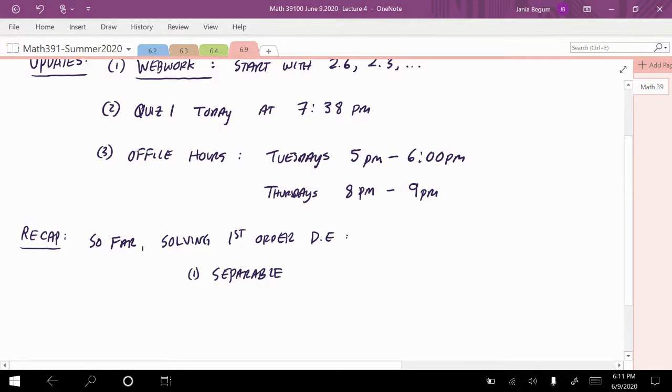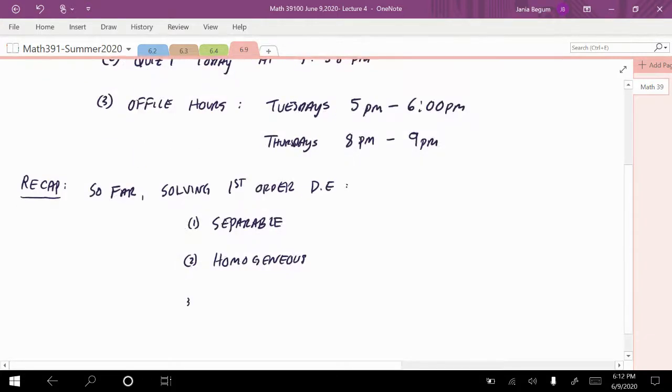If the equation is separable, then you use the separation of variables to solve that particular equation. The second method we talked about was homogeneous. If the given differential equation can be written as a function of y over x, then the given equation is considered to be homogeneous. And then we spoke about how to approach from there.